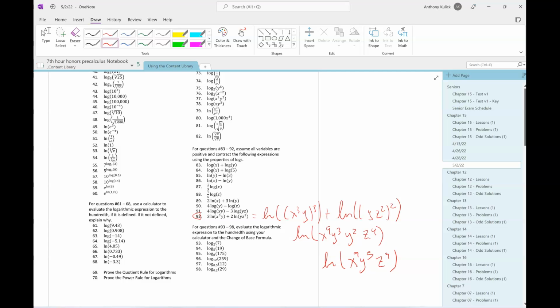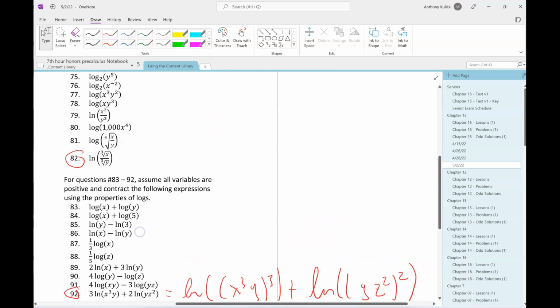Yeah, Max. Did you do 82? 82, sure. So here we're expanding. For expanding, the order is opposite, so we're going to go quotient, product, power. I do see a quotient property because I have two things divided. So I'll have log of the numerator minus log of the denominator.